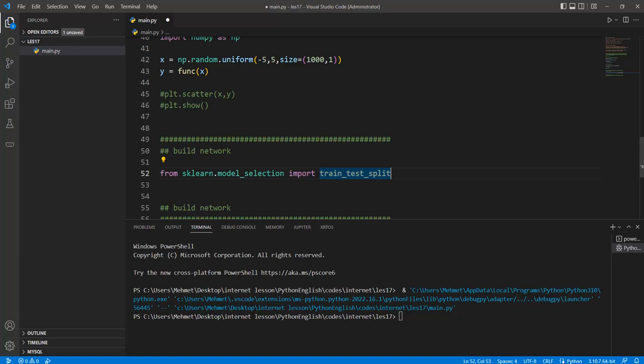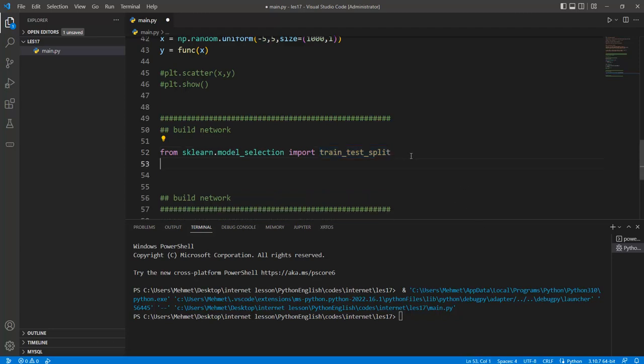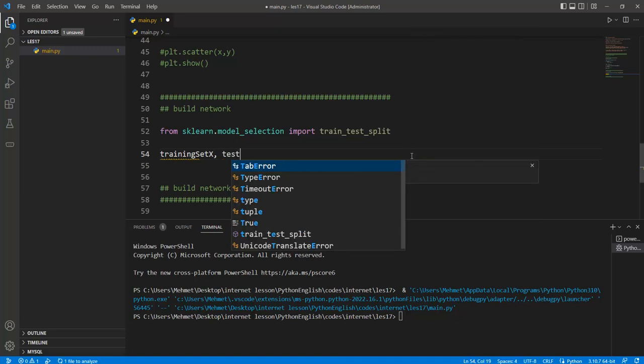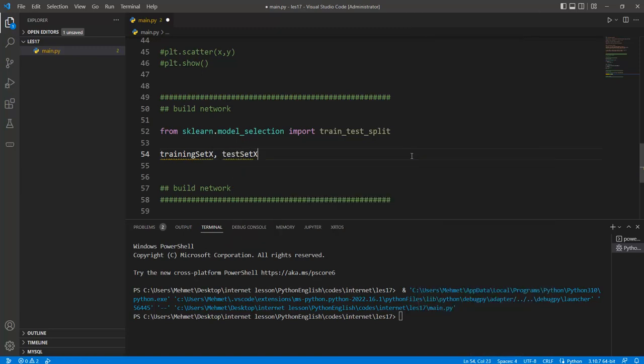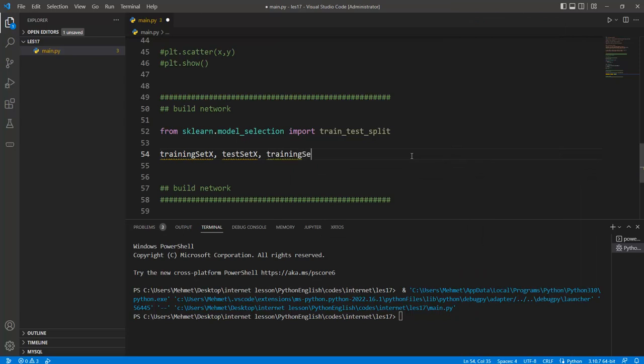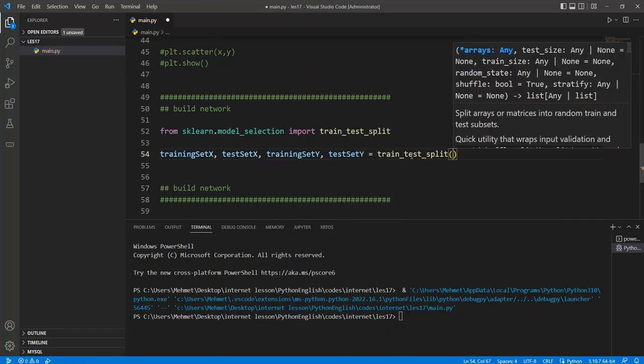Okay? And so, how can we create this term in here? We should define the training set x, test set x, training set y, test set y should be equal to the what? train_test_split.